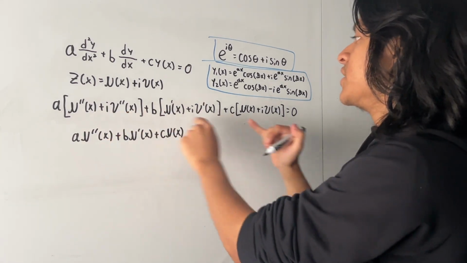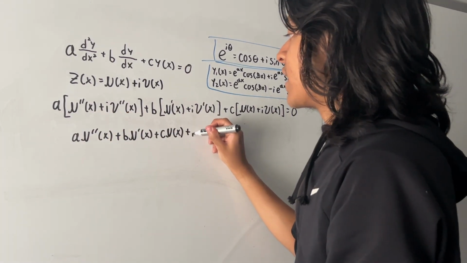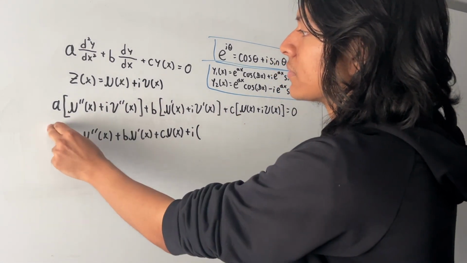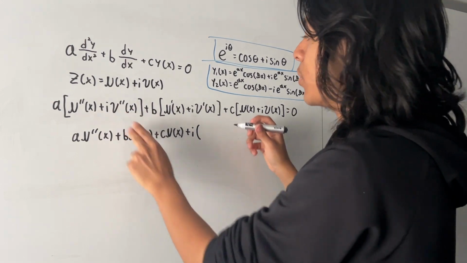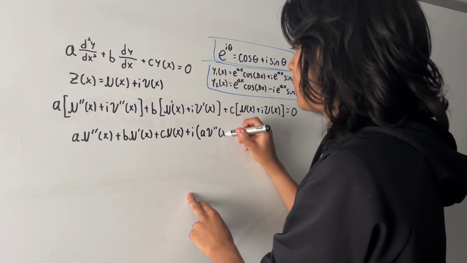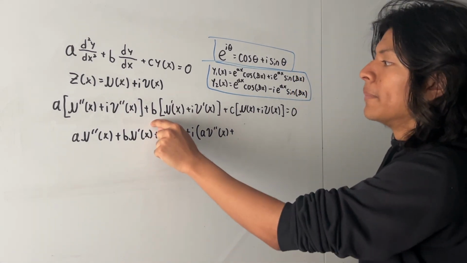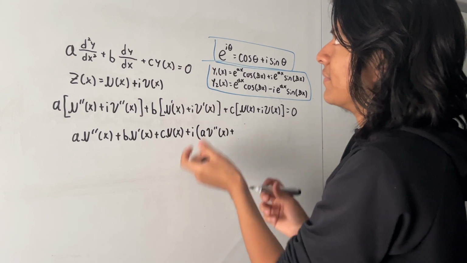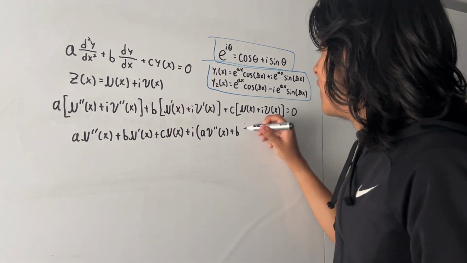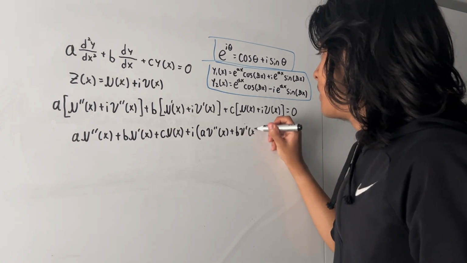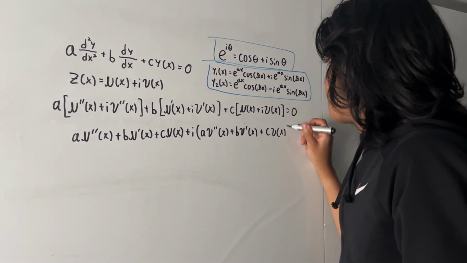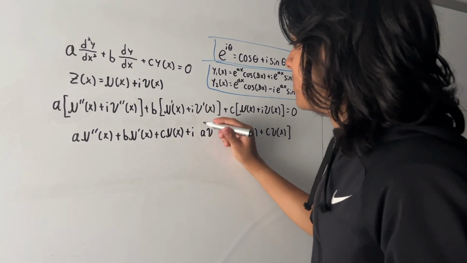However, for all these v's, we have an i. So we're just gonna take i on the outside and then put all the v's together. So a v double prime, then b v prime of x plus c v of x. Okay, get that tongue twister out of the way.